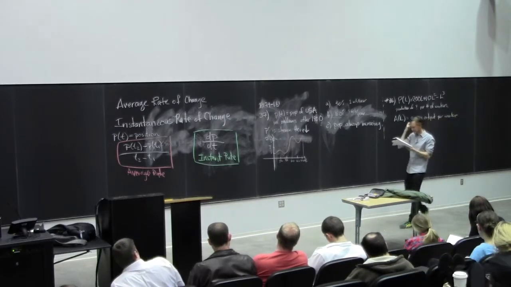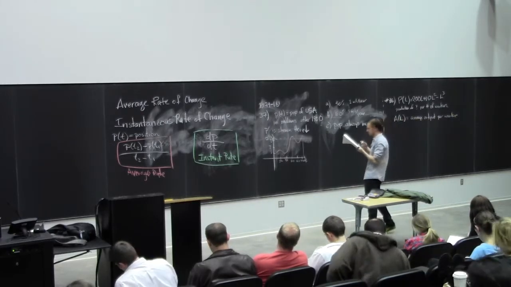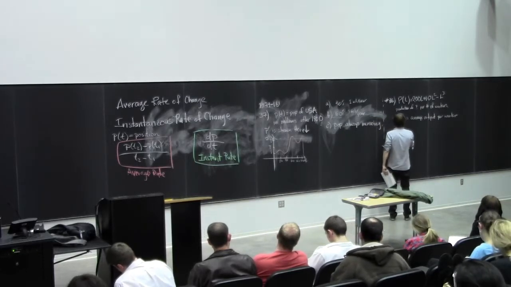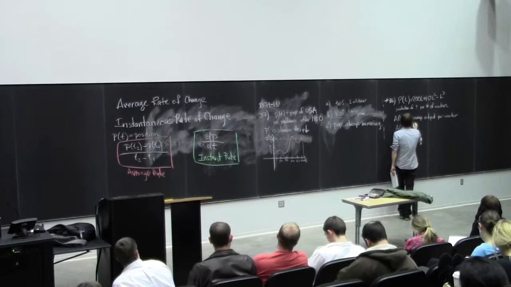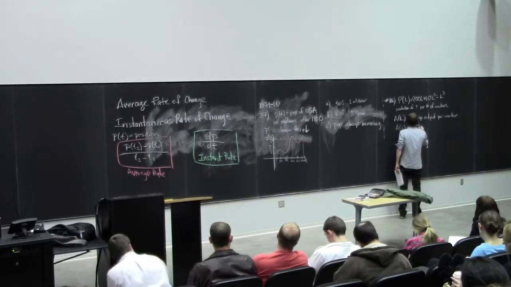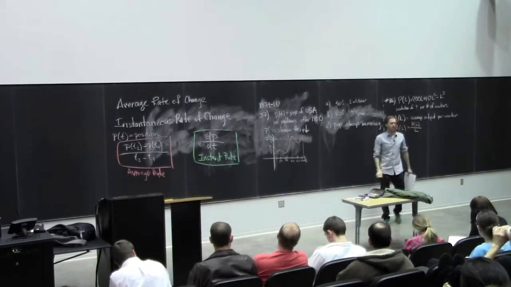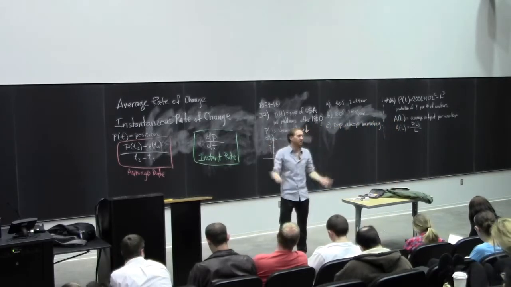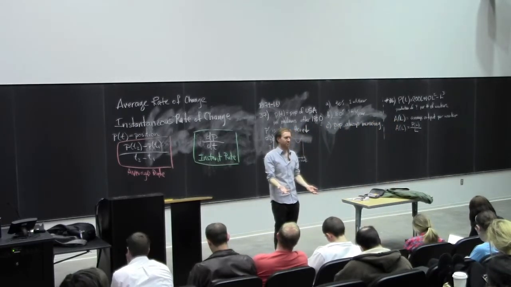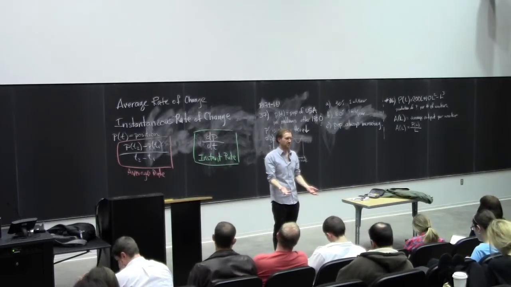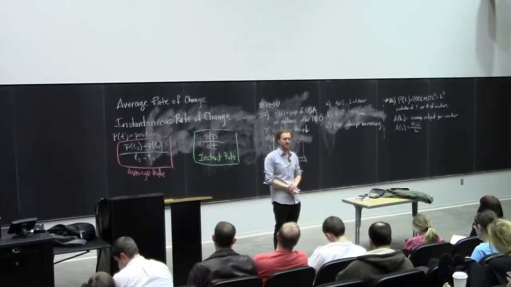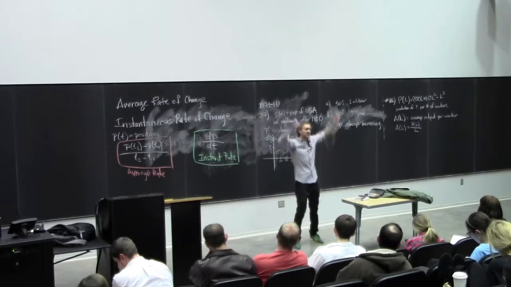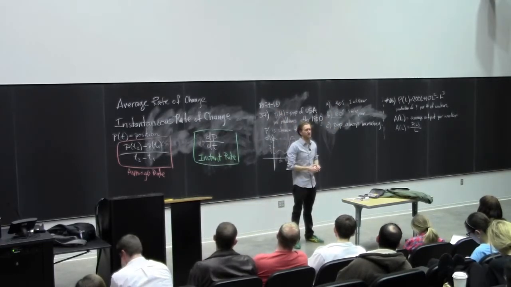And A of L is equal to P of L over L. You find out your production that you have with 18 workers, and you divide it by 18. Does this make sense? Yes, that makes sense to me, I hope. If it doesn't, just ask a question. I'll just try to explain it better. That's all I'll try to do.